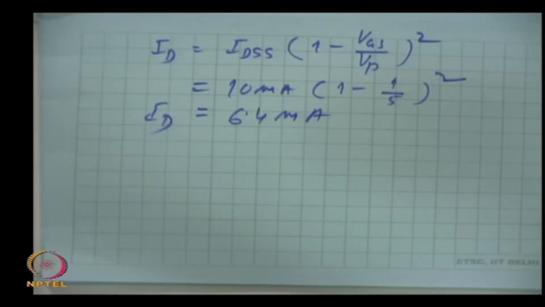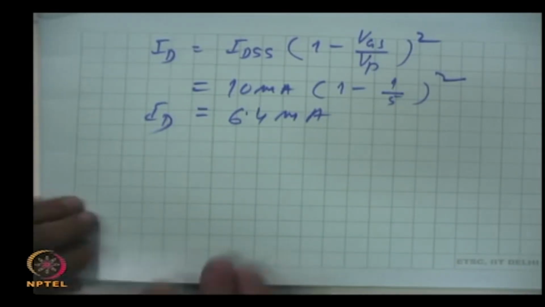We will return to junction field transistor again, when we talk of biasing and other things. Let us talk of other devices. The next device in this module, which is very significant, the most important device today in electronics, is MOSFET.